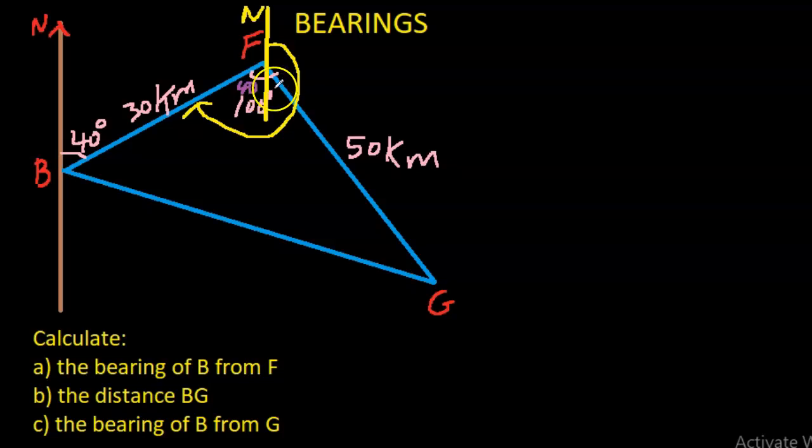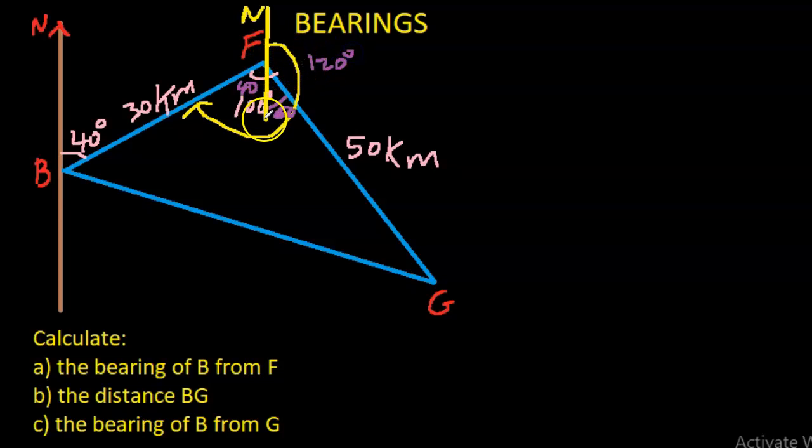And the entire angle F here was 100, which means this angle will be 60 degrees. And if this is 60, the angles on a straight line have to give 180, so this will be 120. Not that we need it. But we need the angle here.